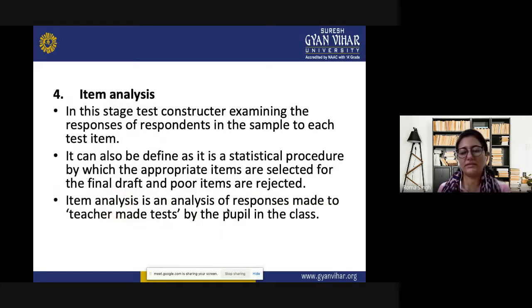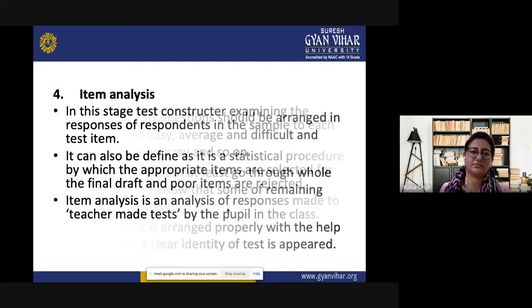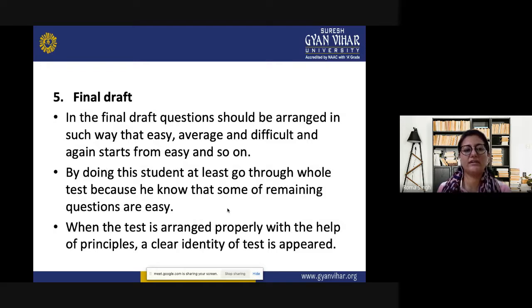Then the next step is the item analysis. In this stage, the test constructor examines the responses of respondents in the sample to each test item. It can be carried out through statistical procedure, and it is an analysis of responses made to a teacher-made test by the pupils in the class. Then after that, a final draft is prepared, and it should be arranged in such a way that easy, average, and difficult questions are all given in the question paper, starting from easy.